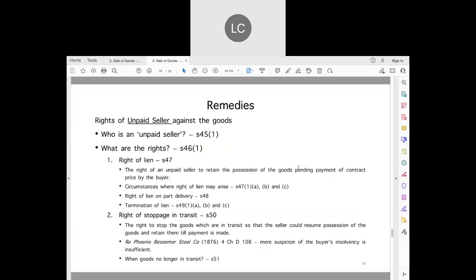He can stop the carrier, he can stop whatever courier company on the way, in Ipoh, in Tanjung Malim, in Penang, in Alor Setar. Okay, so that is basically what right of stoppage is about.